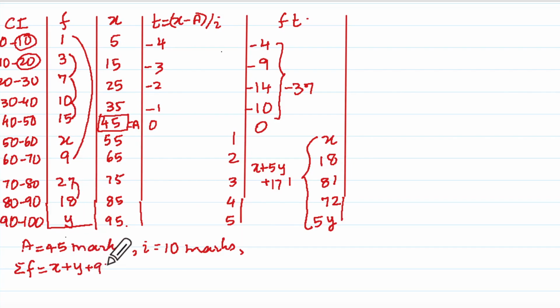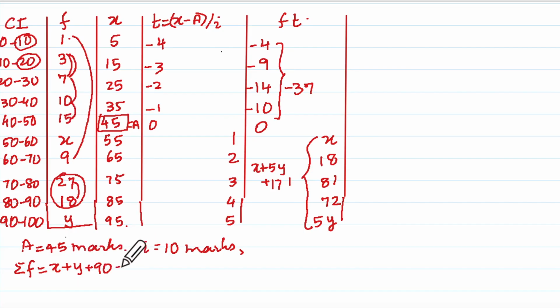Correct? Double check. What is this? 8 and 7, 15. So this is 45. 45 and this 10 is 55, 65, 65 and 70, 80, 90. So we are correct.